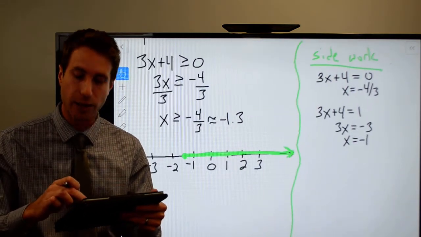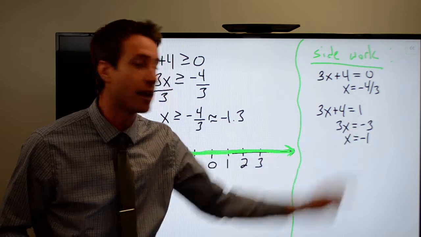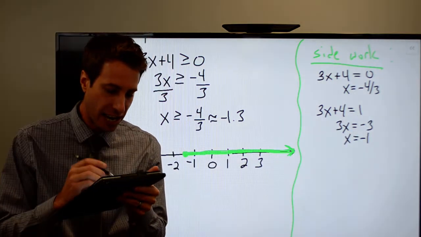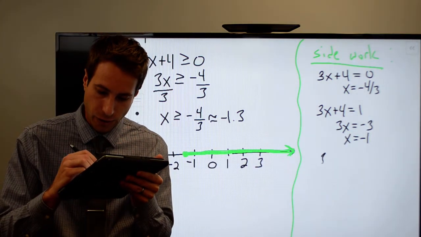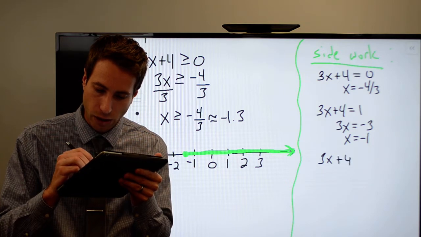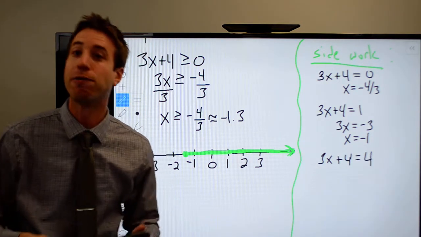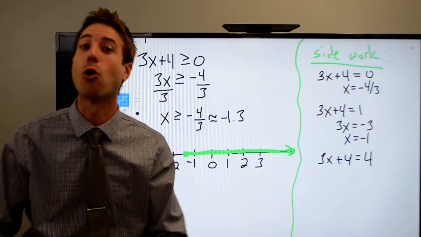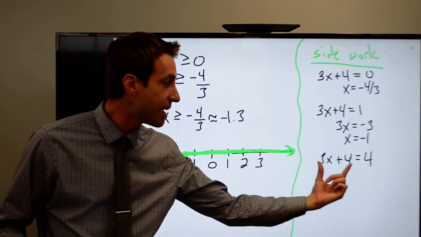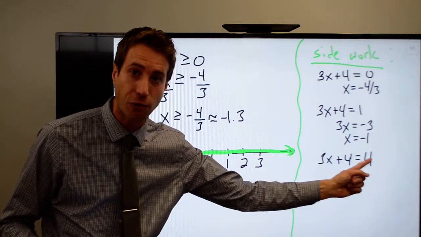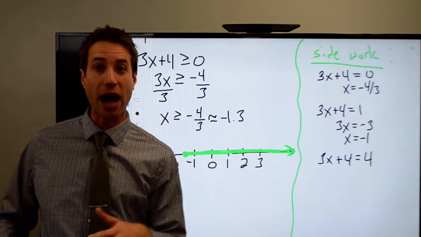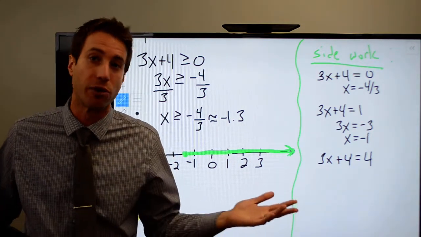I've now done the perfect squares 0 and 1. My next perfect square is 4. 3x plus 4 is equal to 4. Why 4? Because 4 is a perfect square. If I can make this radicand equal to 4, I know my y value, my range value, is going to be 2, because the square root of 4 is 2.